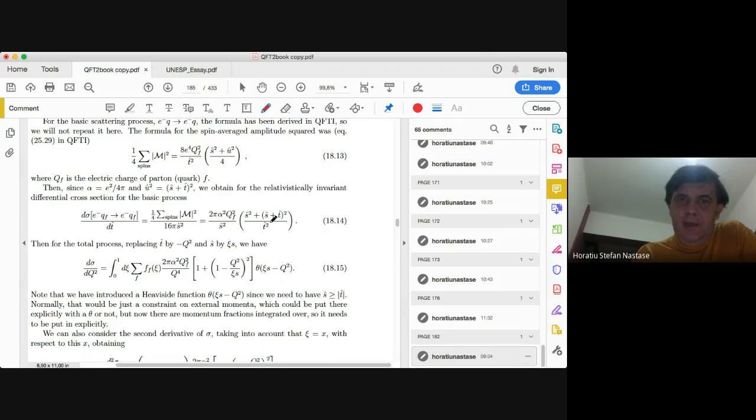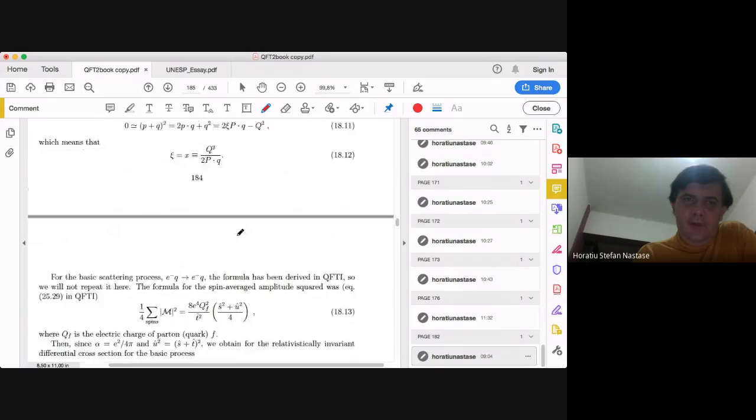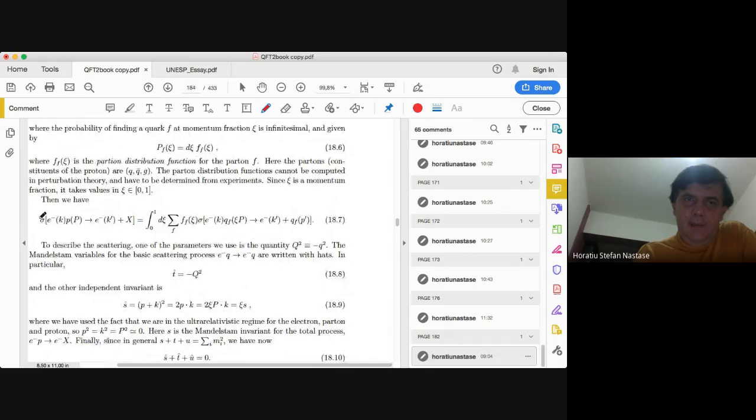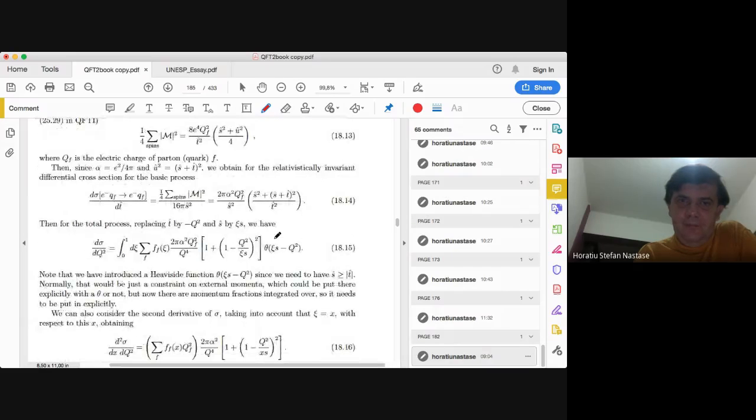So we substitute these things, and also substitute the fact that for the total process we have the integral over psi and the sum over various partons with the parton distribution function times the cross-section for the basic process. So doing that, we finally find this formula. t hat was minus q squared, so we find that d sigma dq squared is equal to this thing.